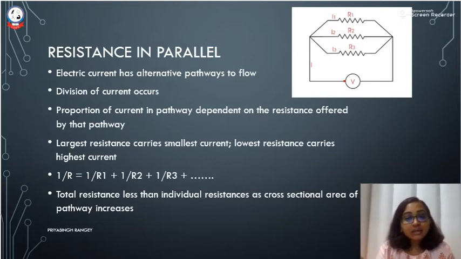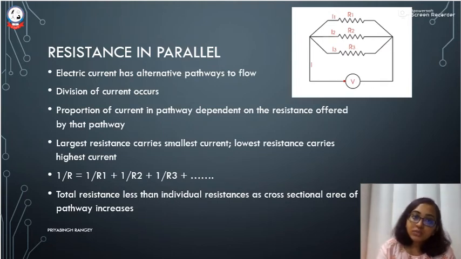Not the entire current will be passing through all the resistances, as we have seen in the resistance in series kind of arrangement. So ultimately we get a division of current, that is the current gets divided into I1, I2 and I3. The proportion of current that flows through each pathway will depend on the individual resistance that is being offered by the pathway.